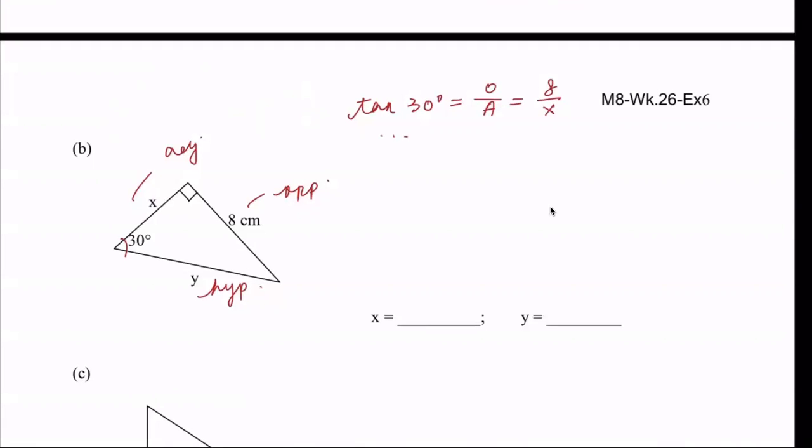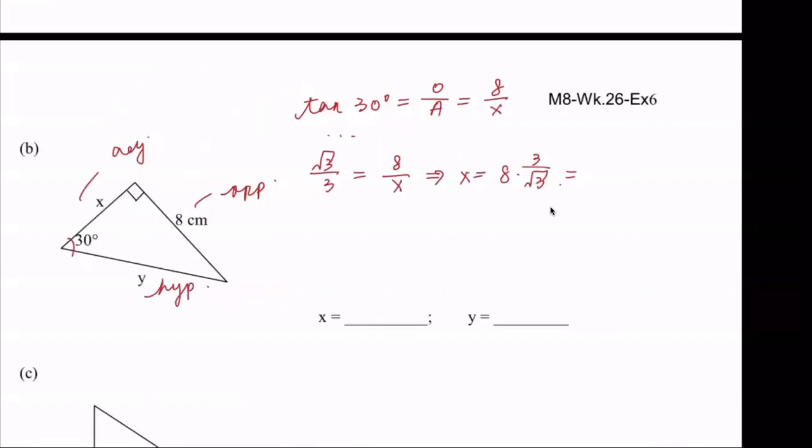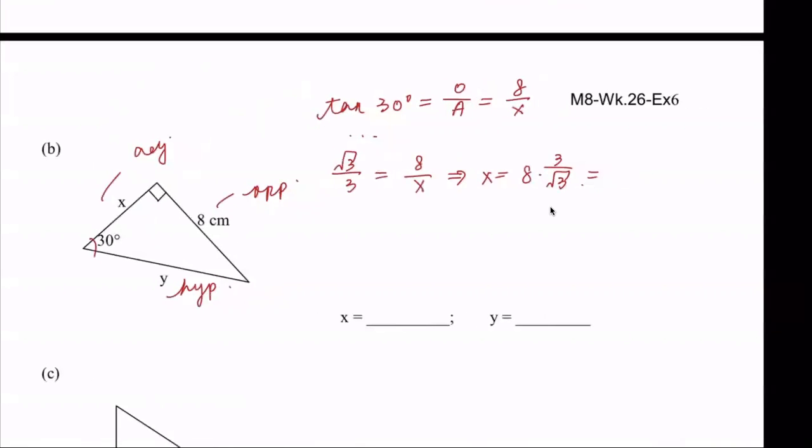Tangent 30 degrees is equal to square root of 3 over 3 is equal to 8 over X. So this gives us X is equal to 8 times 3 over square root of 3. Okay, and this is equal to 24 over square root of 3.